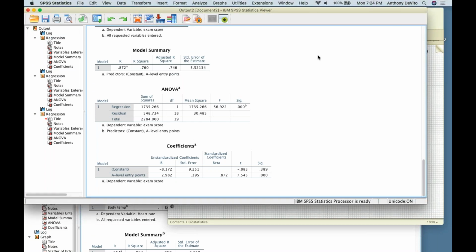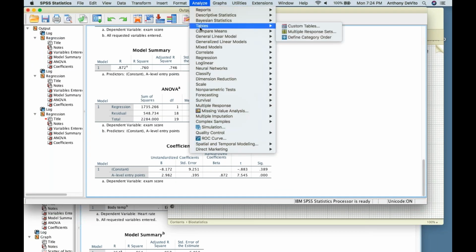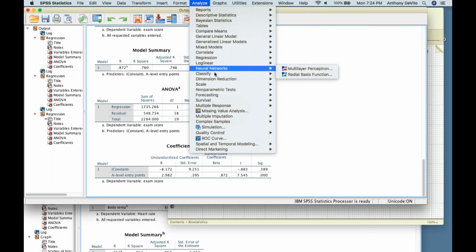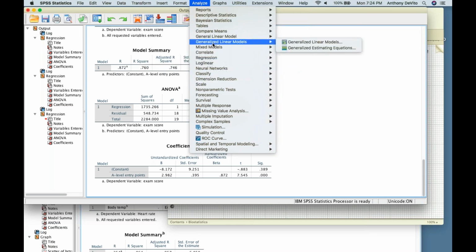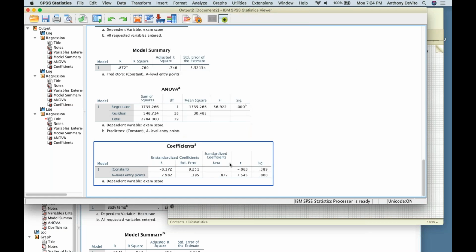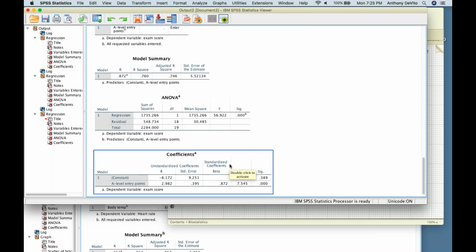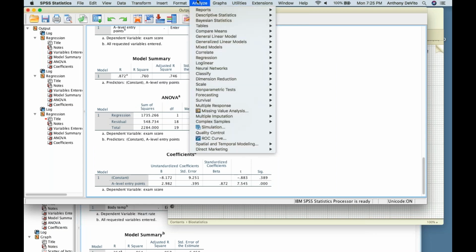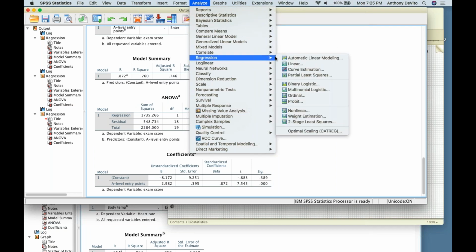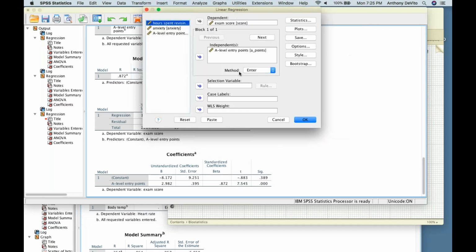Okay, so let me see what else I can do with this. There is something else I want to point out in this table. This particular table doesn't have it though, so I gotta go a little bit further. Regression, linear.